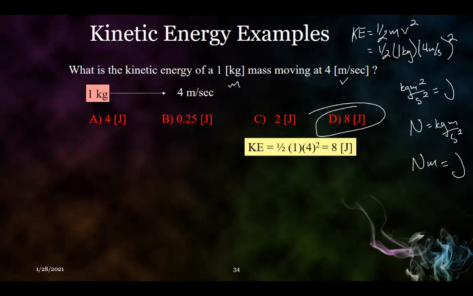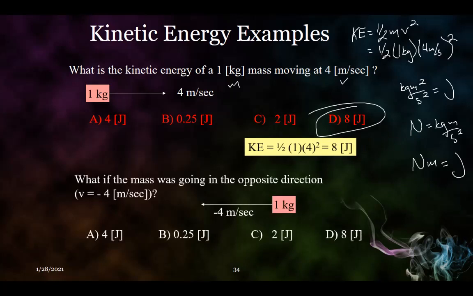Okay. So let's try one more. What if the mass was going in the opposite direction? Minus 4 meters per second. Now, hopefully you recognize that the math really isn't going to be any different. And the reason for this is that KE equals 1 half mv squared.